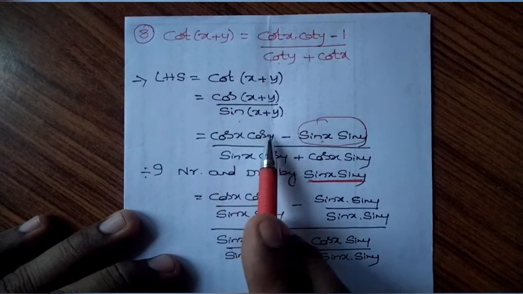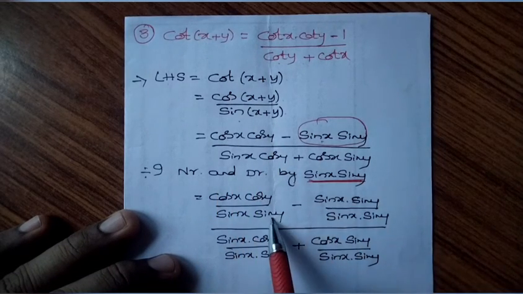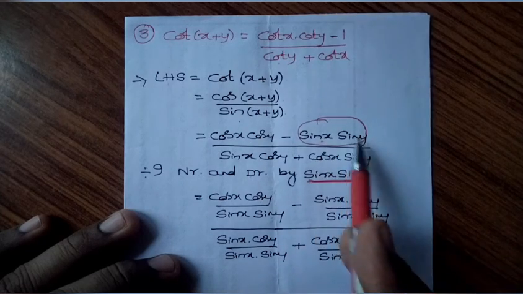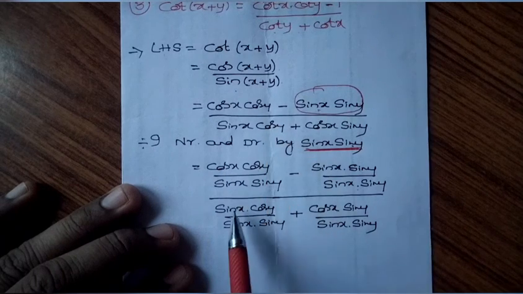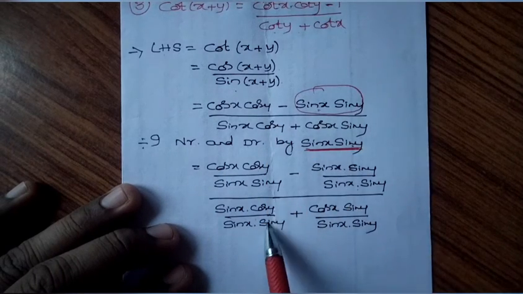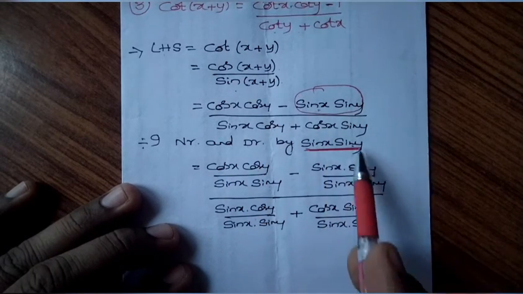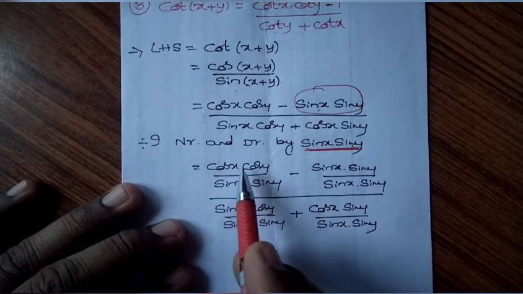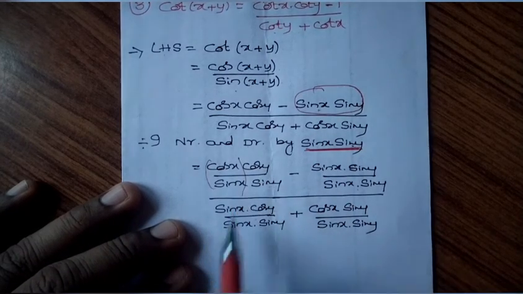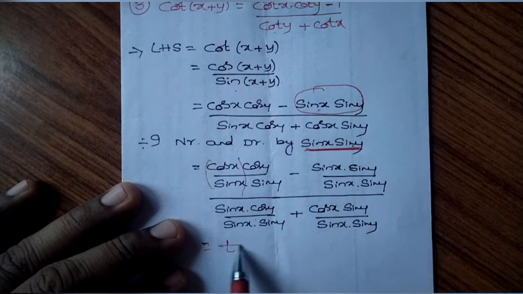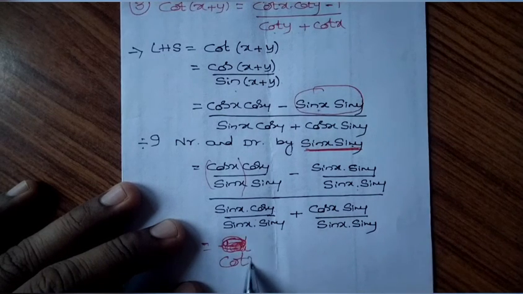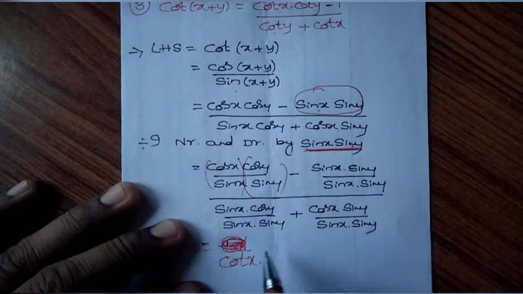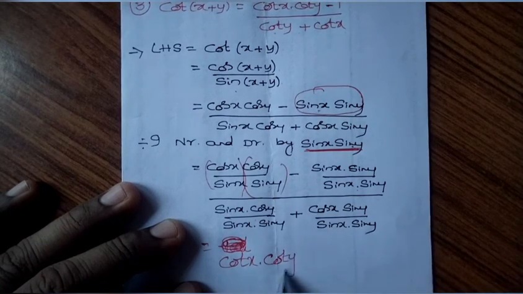Okay, so here cos x cos y divided by sin x sin y, minus sin x sin y divided by sin x sin y. In the denominator, sin x cos y divided by this one plus cos x sin y divided by this one. So here cos x by sin x gives cot x. Cos y by sin y gives cot y.